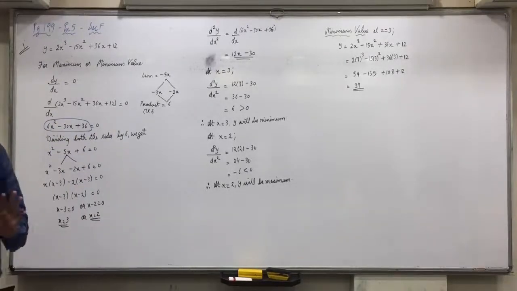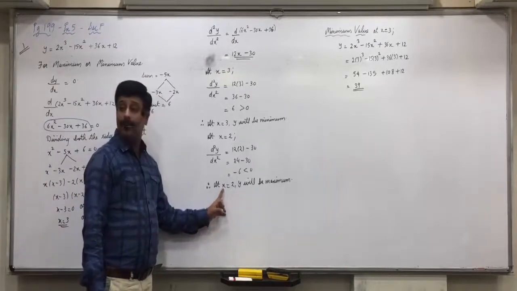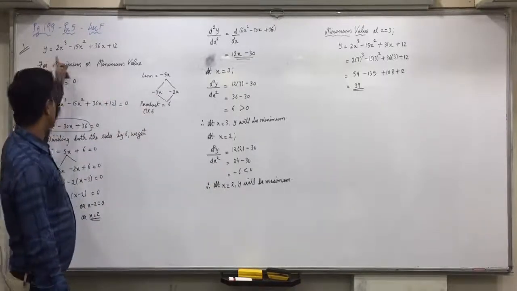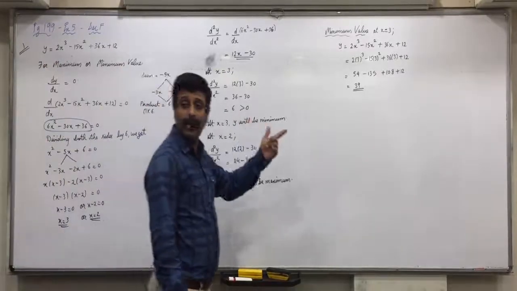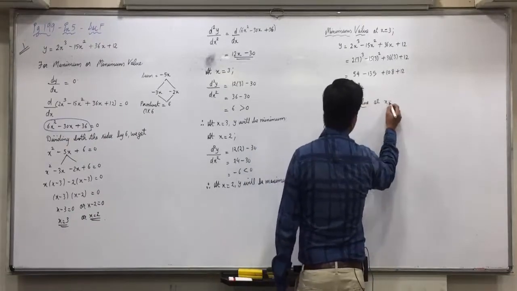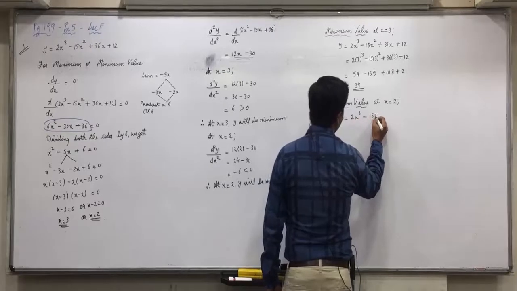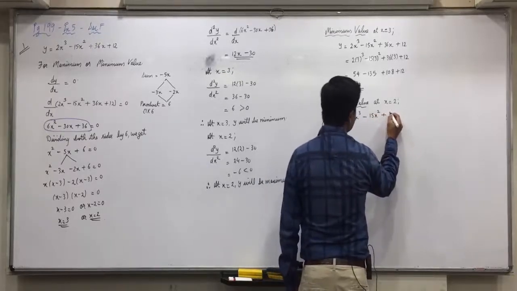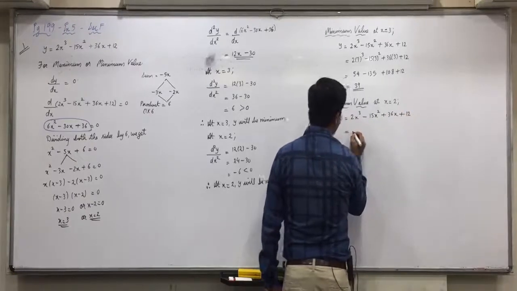Did you understand this? Same way, y is maximum at which value of x? 2. So now in this equation when you put x equals 2, you get the maximum value. So y equals 2x cube minus 15x square plus 36x plus 12.